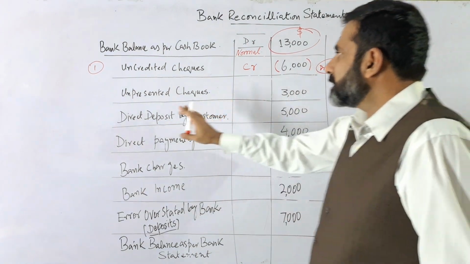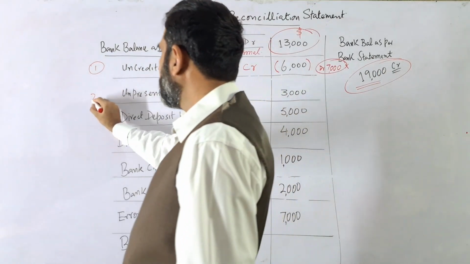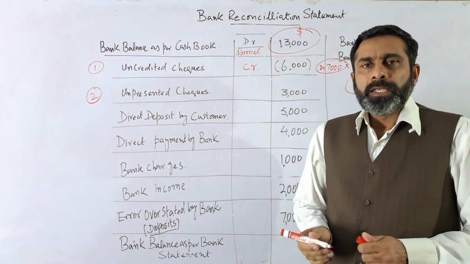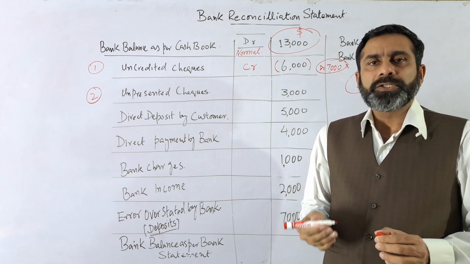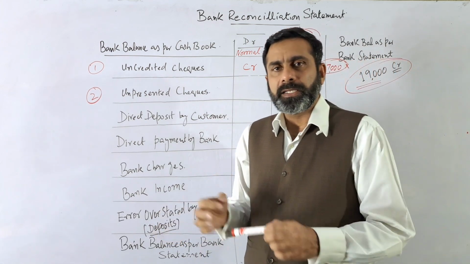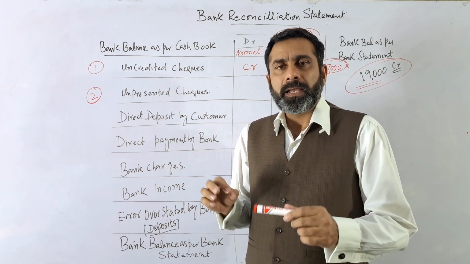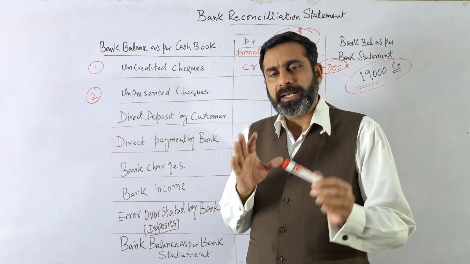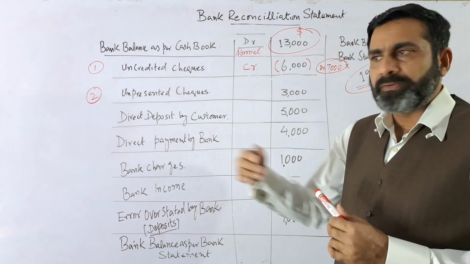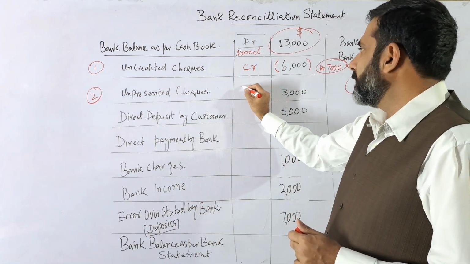Okay, now the next thing is unpresented checks. This means the business has issued checks to the suppliers, but they are still not presented in the bank for collection. When the business issued the check to the supplier, they credited the bank. So now we have to make a reversal, so that will be debit.